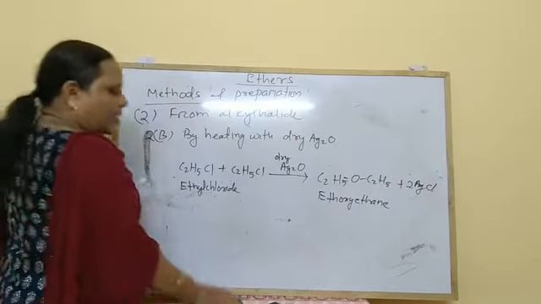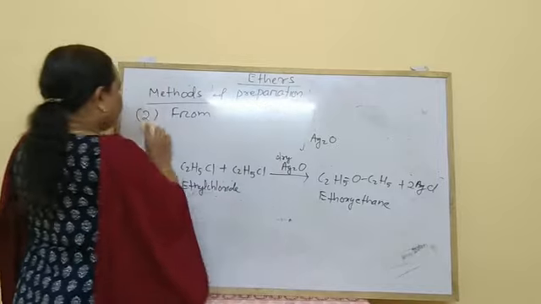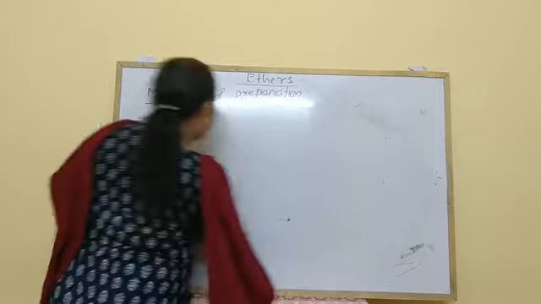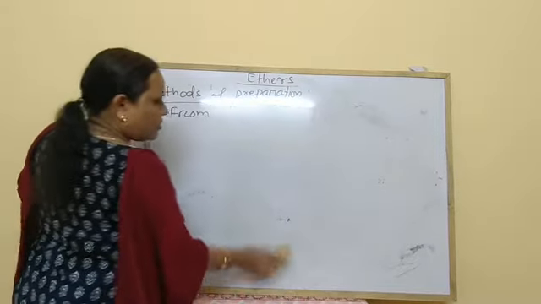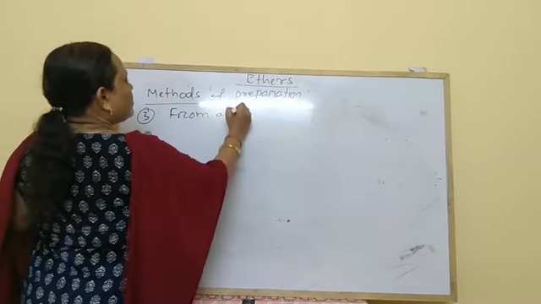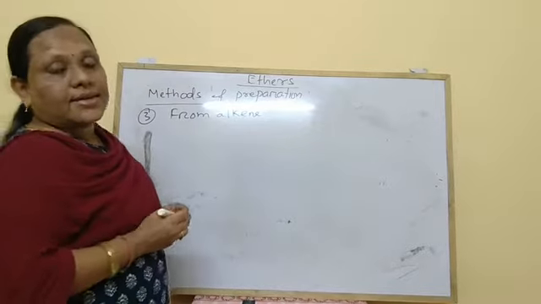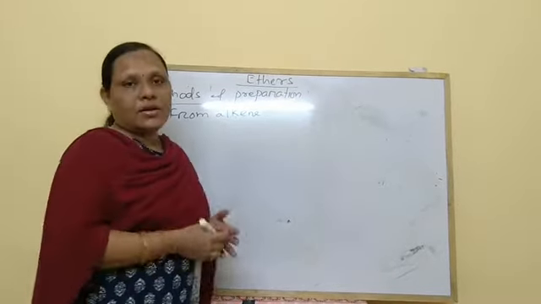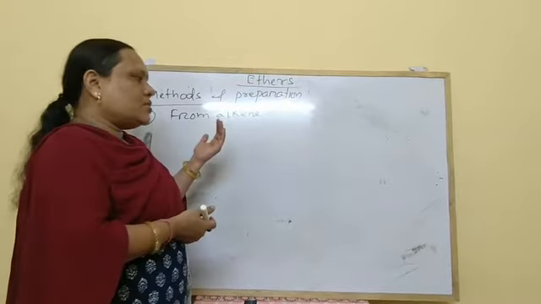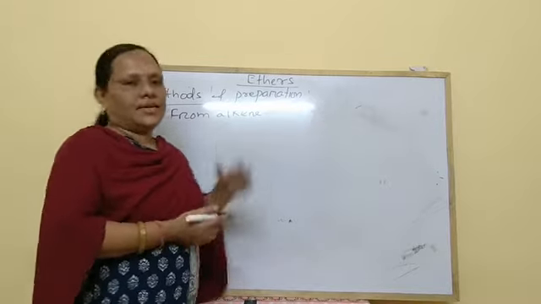Next method of preparation is from alkene. When an alkene is treated with an alcohol in presence of a mineral acid such as sulfuric acid, it forms a mixed ether.